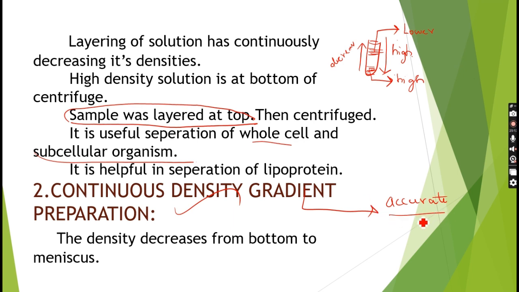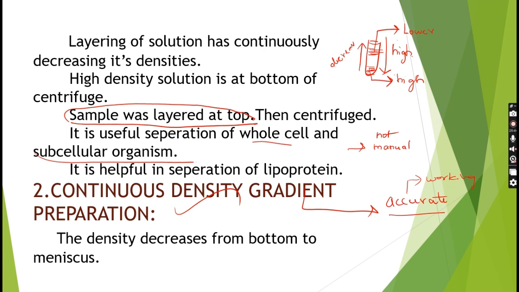It needs more work, but it's going to be more accurate, whereas the discontinuous method does not need as much manual work, but the continuous method is going to be more manual, and tedious work is needed for it.